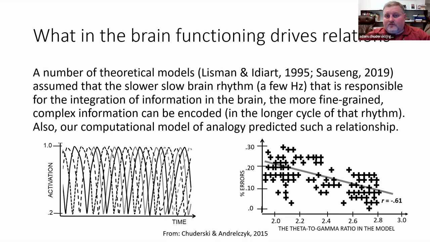So we adapted this assumption in a computational model of analogy. I won't describe this model because it's quite complicated, but only its feature matters: it represented the relation. It was a model of the similar geometric task that I showed you. And the crucial feature of this model was that it oscillated all elements of the representation of the relation.